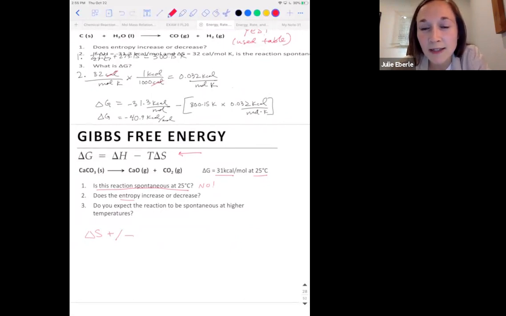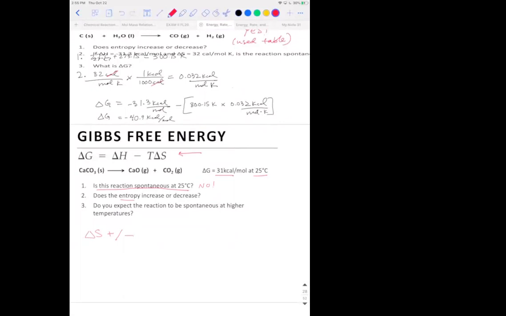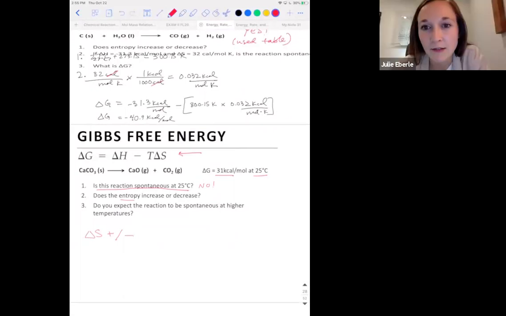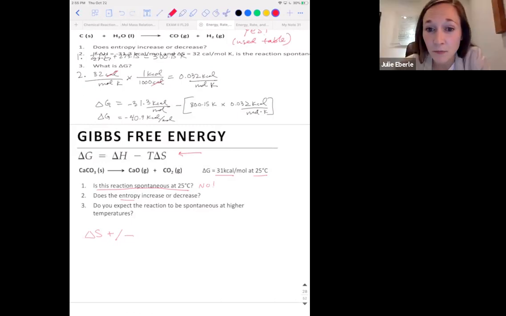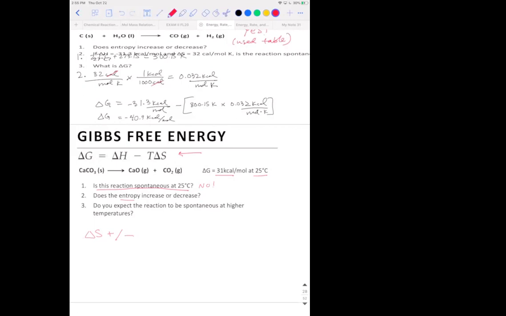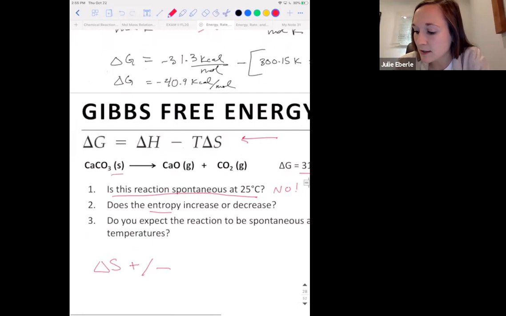And what is more inherently disordered, a solid or a gas? A gas. So entropy increases, yes, because we have solids on the reactant side and our arrow is pointing to the gases. These are more disordered. So if we're making more disorder, then entropy is increasing for sure.